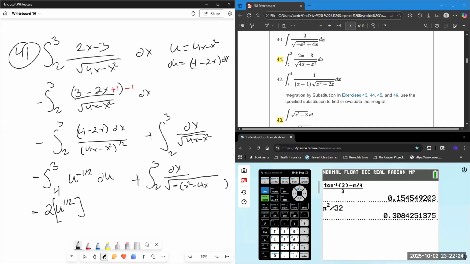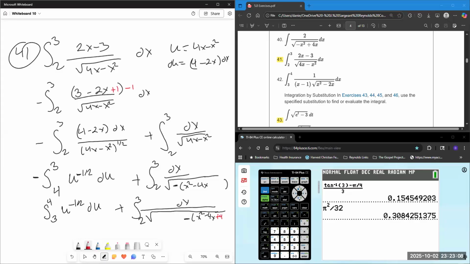This is going to go from, let's fix this before I do that, this is going to go from 3 to 4, u to the negative 1/2 du, plus 2 to 3 on x. And then I want dx, and we need x squared minus 4x. So half of the middle number squared will be 4. Let me do this in a different color so you can see what I'm doing.